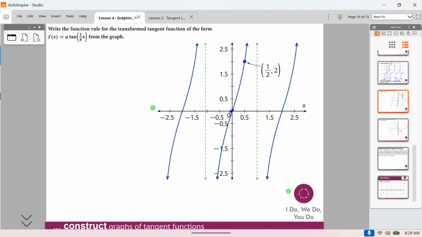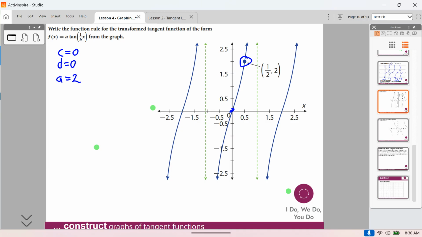So h and k, c and d are 0. So as it goes through this point here, that means c is 0, d is 0. Here's our characteristic point. It's up at 2. That means a is equal to 2.